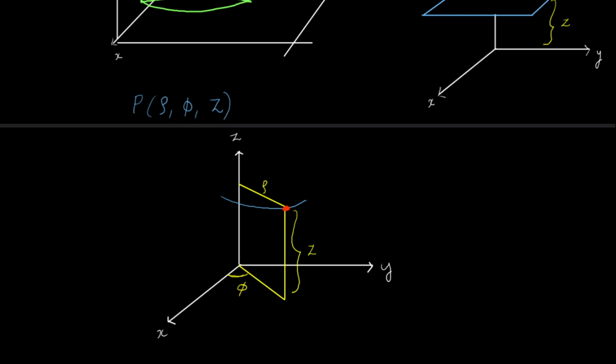Hope this is very clear. At this point of time, it is also necessary to identify what is the minimum and maximum values of these three coordinates. What would be maximum and minimum value of rho, phi and Z?